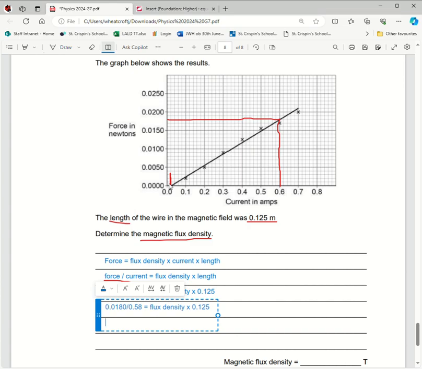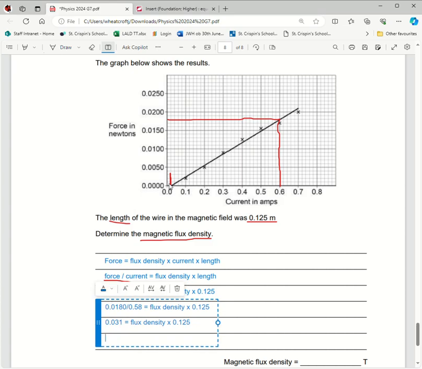0.018 divided by 0.58 is equal to 0.031, apologies. And that is equal to the flux density times 0.125.